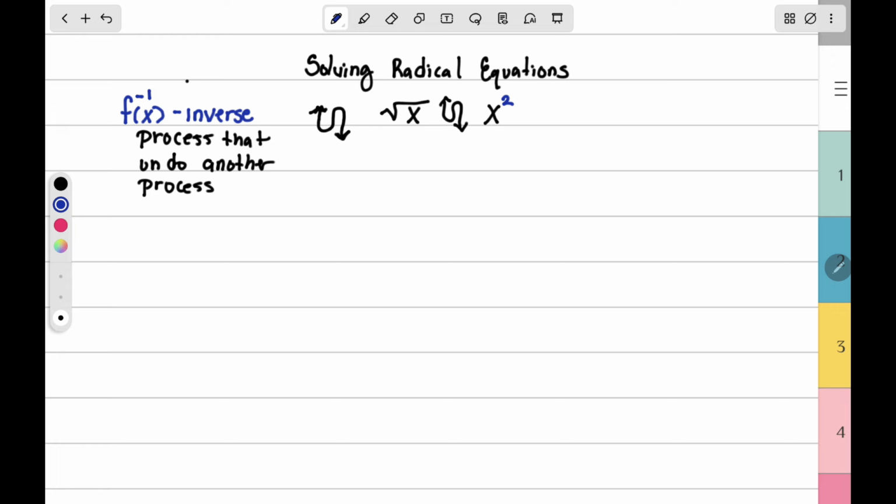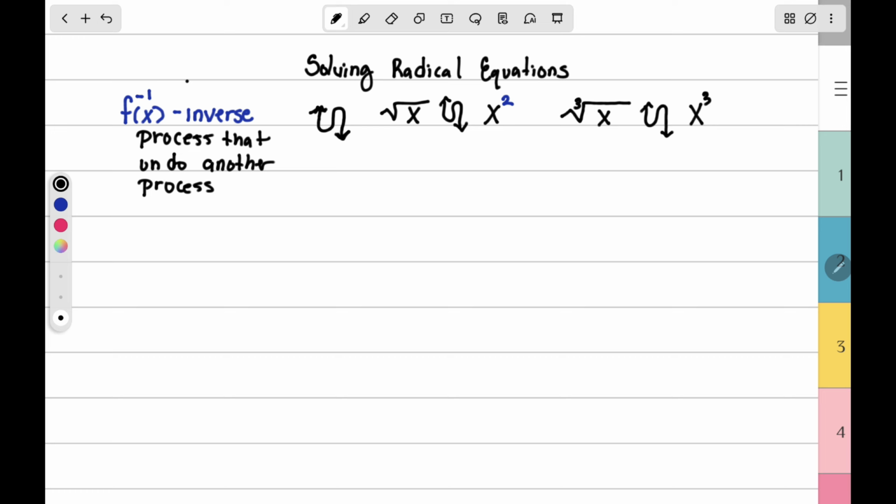Let me show you again. Try this. The inverse of a cube root is x cubed.